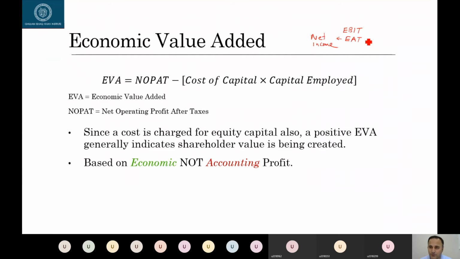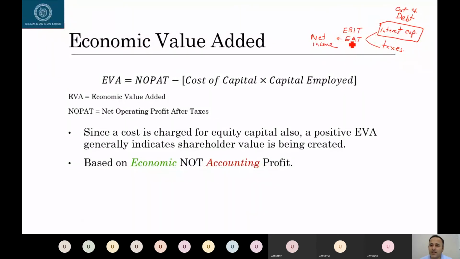So in this income, of course, you subtract your interest expense, and then you also subtract taxes. Now, this interest expense is actually the cost of debt, in other words. So this is the cost of one part of your capital.